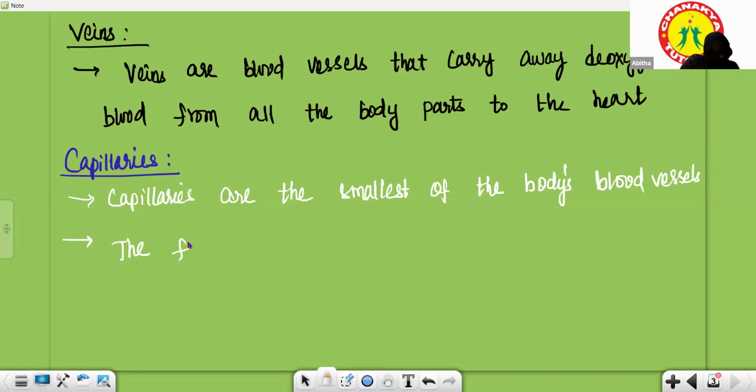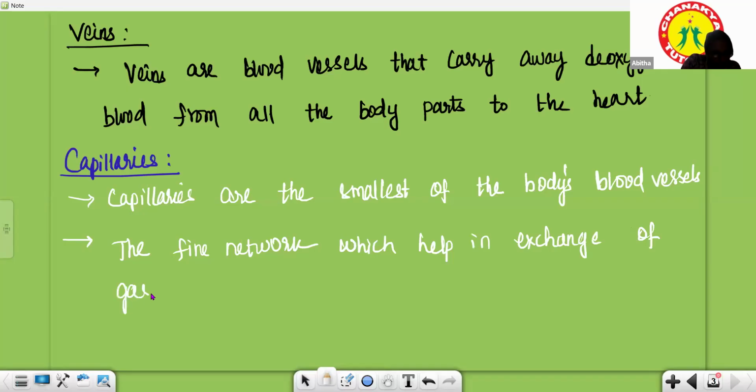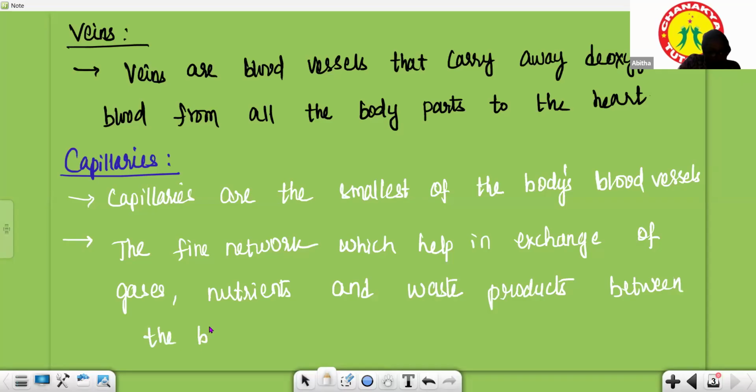So it is a fine network which helps in the exchange of gases, nutrients, and waste products between the blood and the body's tissue.